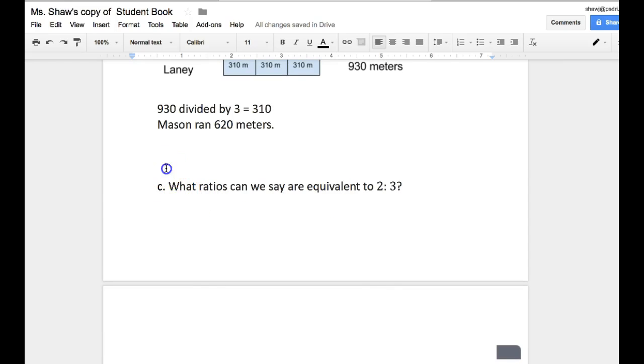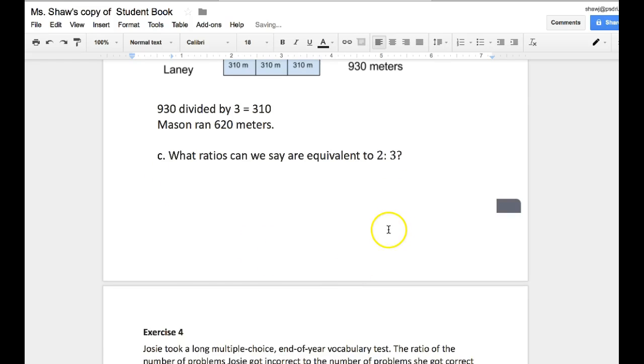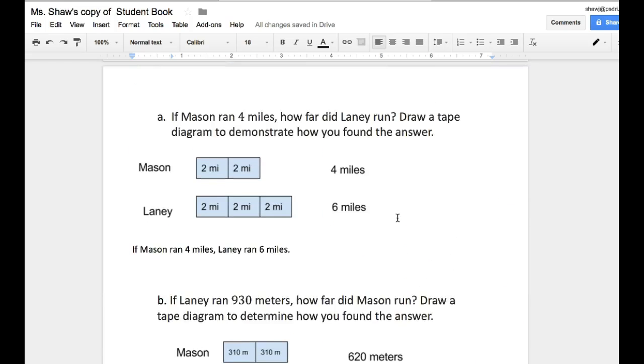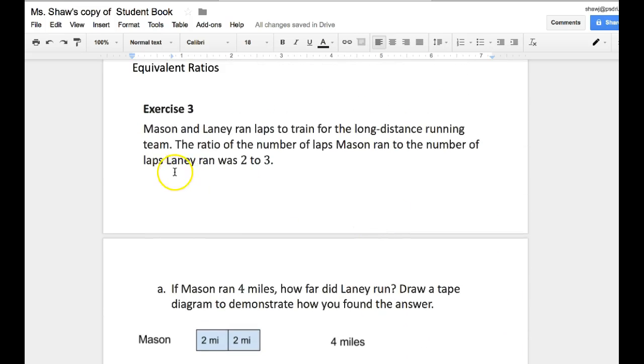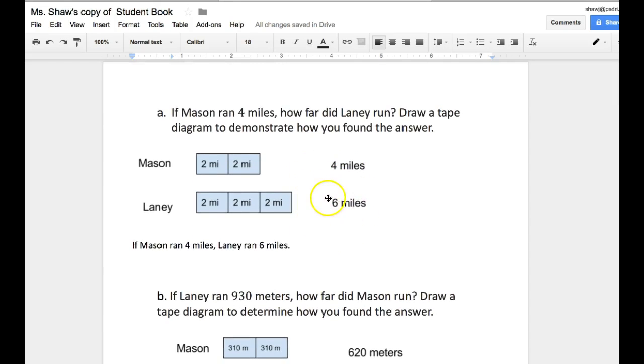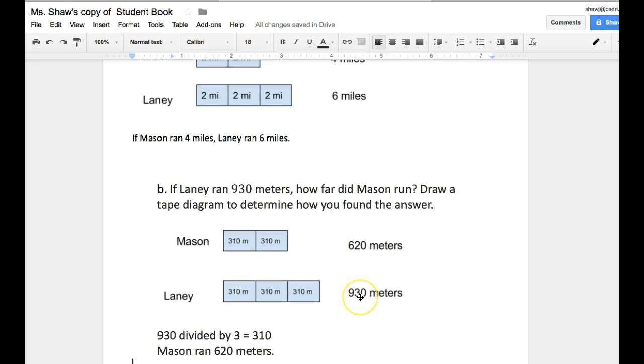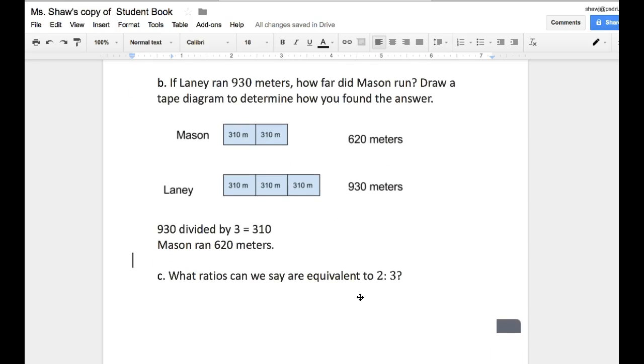What ratios can we say are equivalent to 2 to 3? Remember that our first ratio, when we come way back up here, that Mason and Laney were running was 2 to 3. So if our first ratio is 2 to 3, what's the ratio for this one? And then for this one. See if you can figure that out and then write it down here.